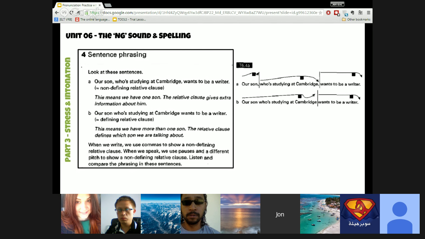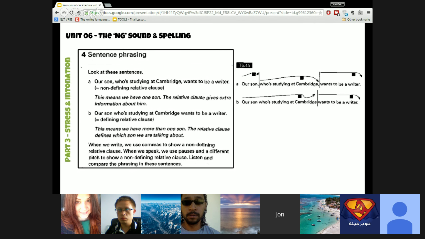Our house where we're living now, we want to leave later. That's it. Good. So there's no pause at all.